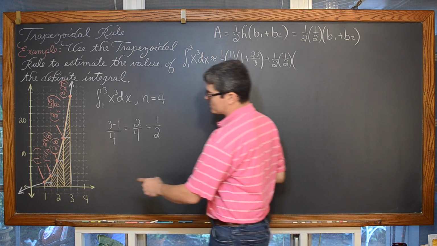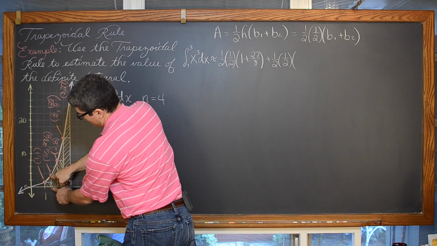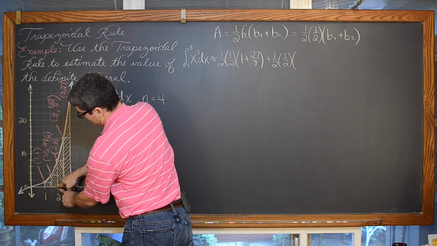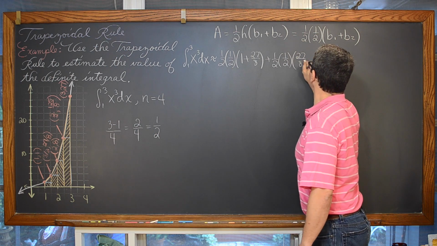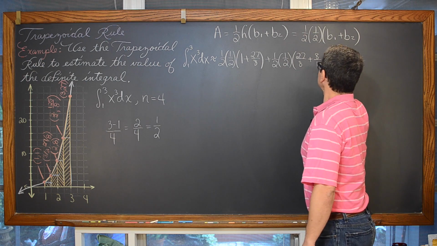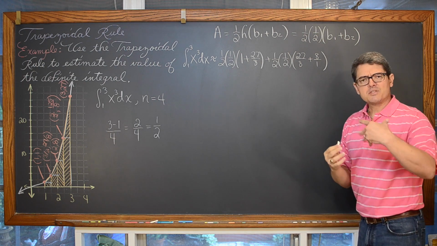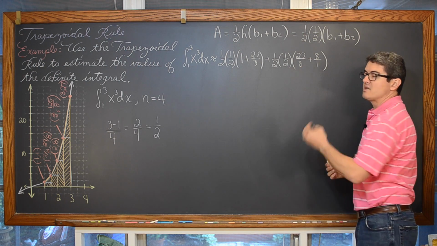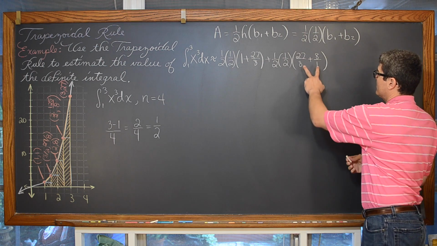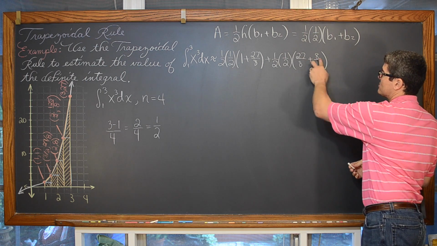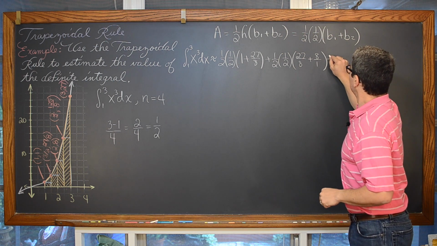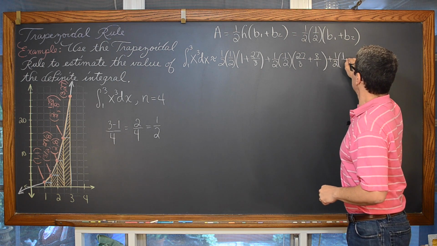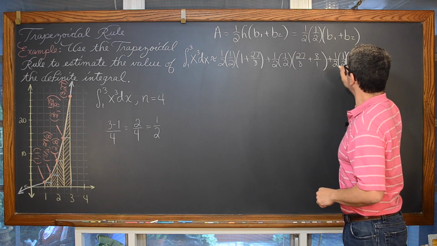Now moving on to the next trapezoid right here, we have a base which is 27/8 and another base which is 8. I'm going to step off and reveal the work one step at a time to make it a little bit neater, but whenever I have problems that have fractions in them, I tend to just write everything so that it looks like a fraction. Plus 1/2 times 1/2.